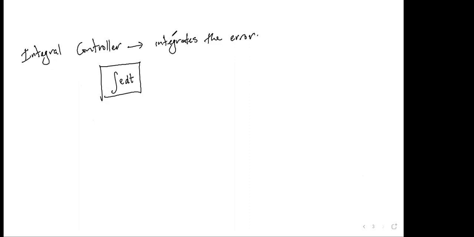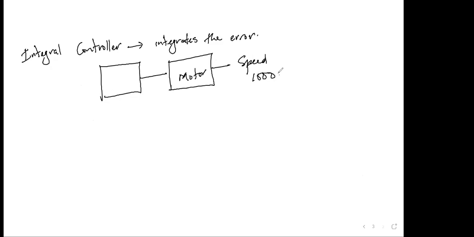All right, so let me go back to something here. I need to ask some questions so that we can gain some understanding. So let us say that your plant now is a motor, and the output that you want is the speed. So you want the motor to be at 1,000 RPM.